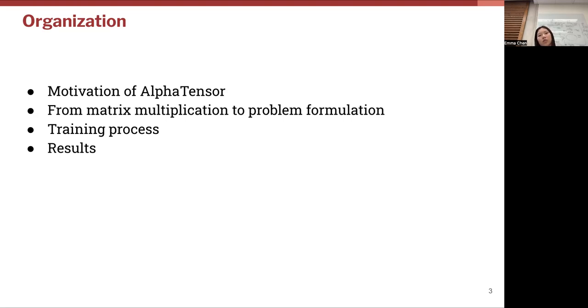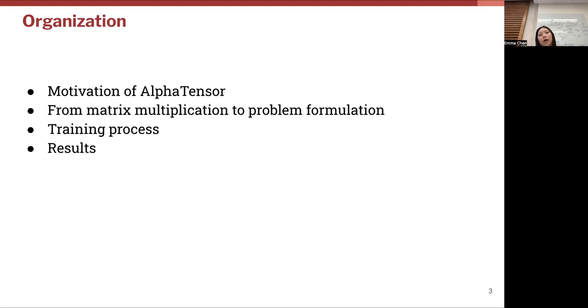I'm going to mention the decomposition, which is the key part of this algorithm discovery process, and how we can formulate a single player game from this decomposition and train a reinforcement learning algorithm to learn how to do the decomposition. And then I'm going to go into the detail of the training process.